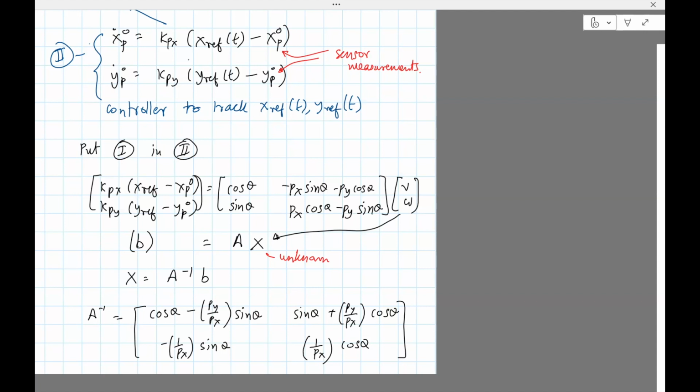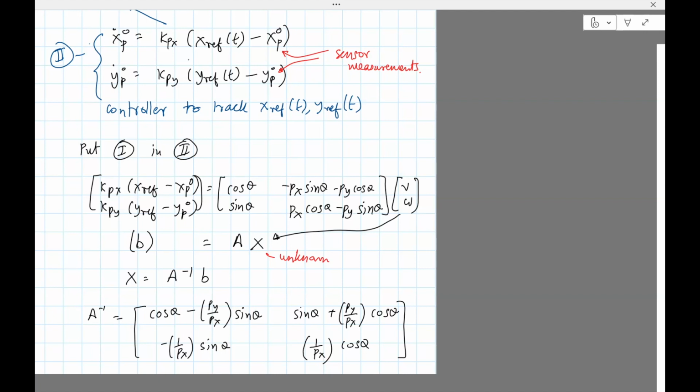All you need to do is set a V and set an omega, and then you'll see that for a given V omega, it actually starts moving in a circle, right? If omega is 0, it goes straight. But now if you move one of the wheels slightly faster than the other one, it starts slowly turning. So the circle is kind of embedded in a differential drive car. It's very easy to do that.